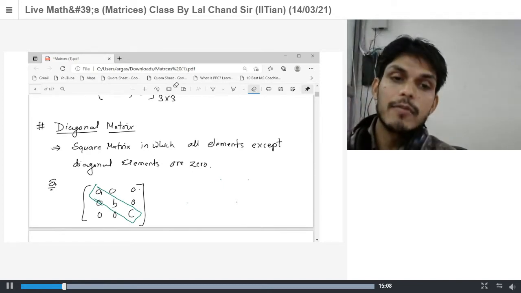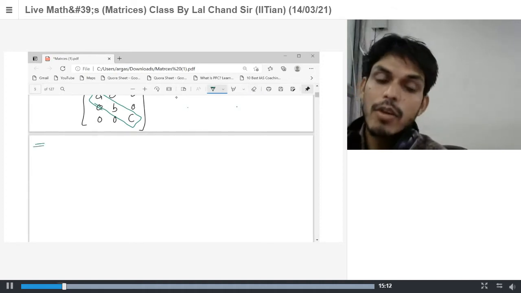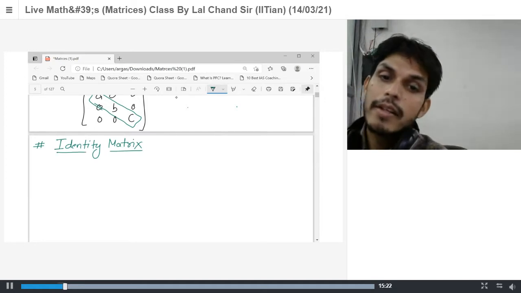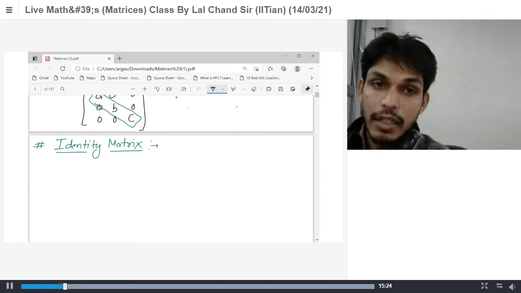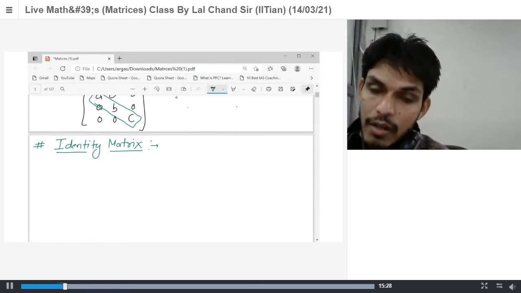So the next type of matrix will be unit matrix or identity matrix. An identity matrix is basically another type of square matrix in which all diagonal elements are 1 and other elements are 0.